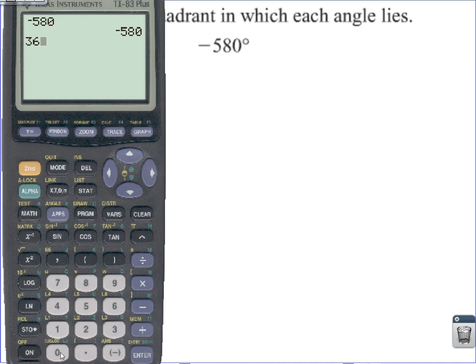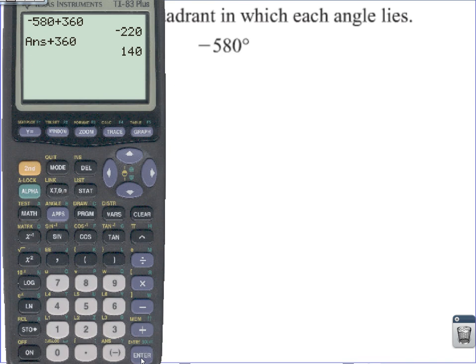Because, again, every angle is going to be in the same spot as its coterminal angle. Oops, let's try that again. Negative 580 plus 360 gives you negative 220. I still don't like that. Let's add another rotation. So negative 580 is the same thing as 140 degrees. Same spot. What quadrant? Second quadrant. It's between 90 and 180.